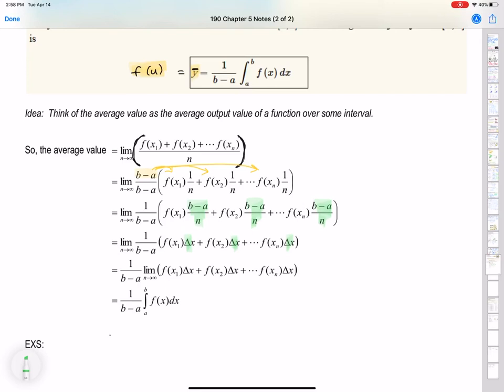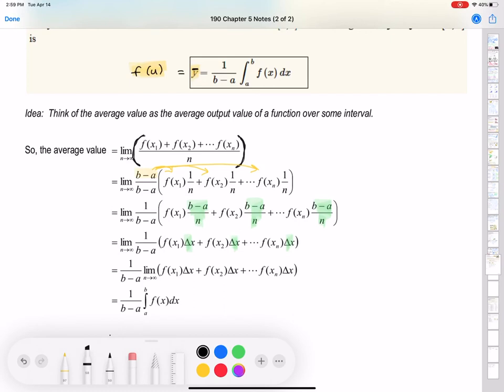Well, this 1 over b minus a isn't going to be impacted as n goes to infinity, so we can bring that out as a constant multiple. And then we have this sum here, which I could even factor out this delta x. But I wanted to show it this way as well, because as you move into Calc 2, a lot of the applications that you're going to see developed are going to be limits of Riemann sums.